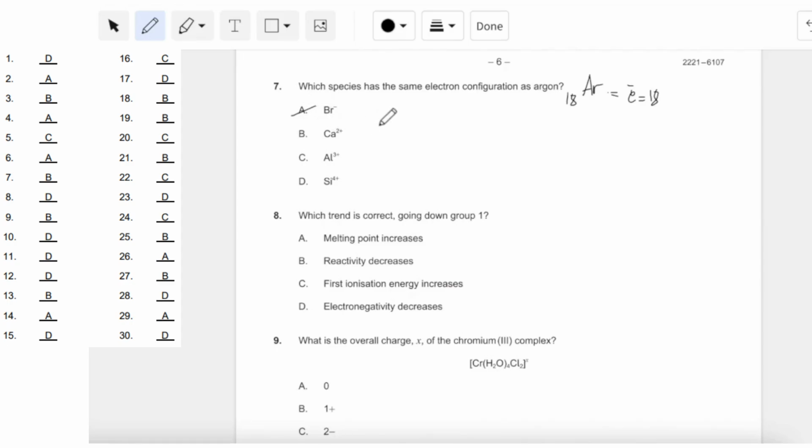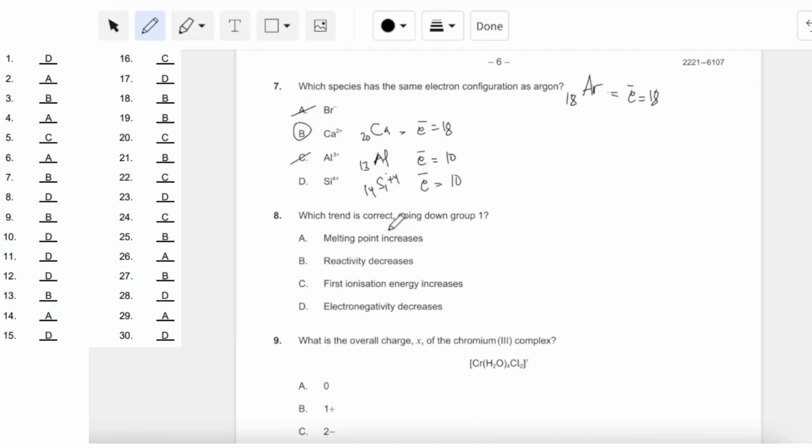Ca is 20, and because of 2+, the number of electrons will be 18. Al is 13, and with 3+ the number of electrons is 10, not this one. Si is 14, and because of +4, electrons will be 10. So the answer will be B.